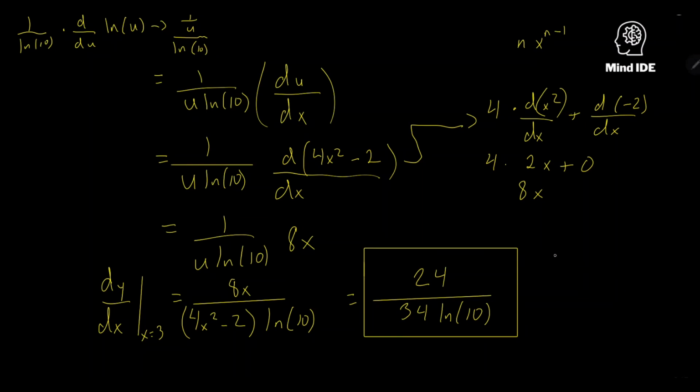So the slope of the tangent is m equals this. You could go 12 over 17 natural log of 10. That's just simplifying it down.